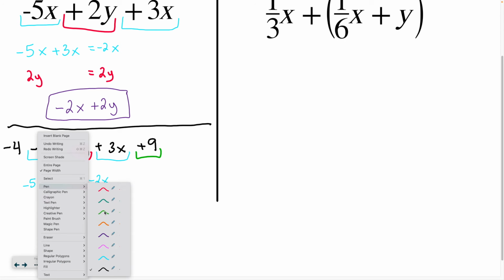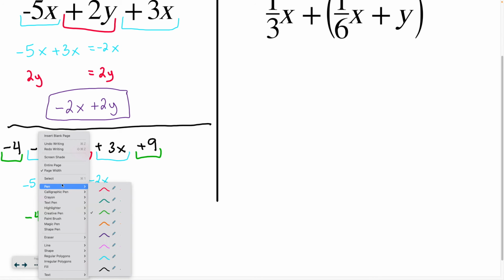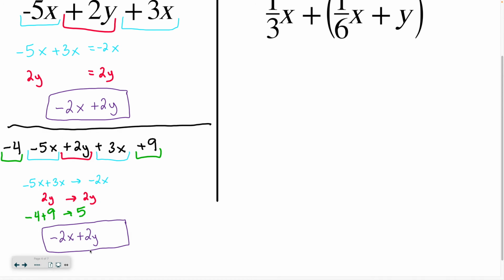Well, that negative 4 doesn't have a variable, so I can combine it with that positive 9. So that's going to be a positive 5. So then that one would change, but the rest of my answer would stay the same. So hopefully having those different colors helps your brain kind of see that pattern of what can you put together and what can't you put together.